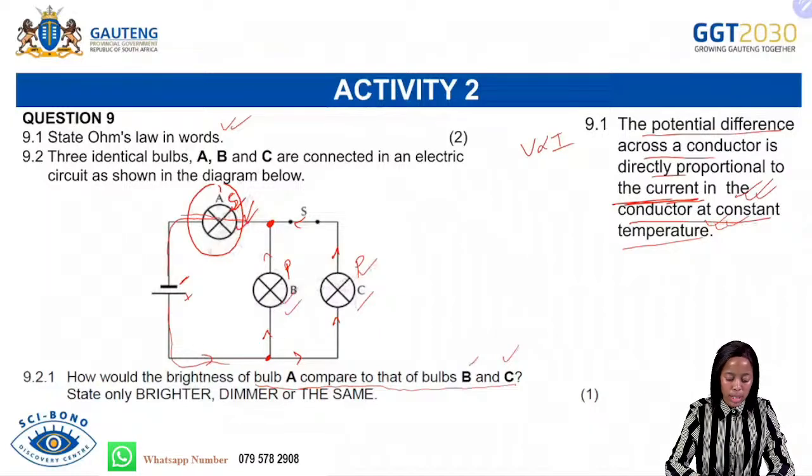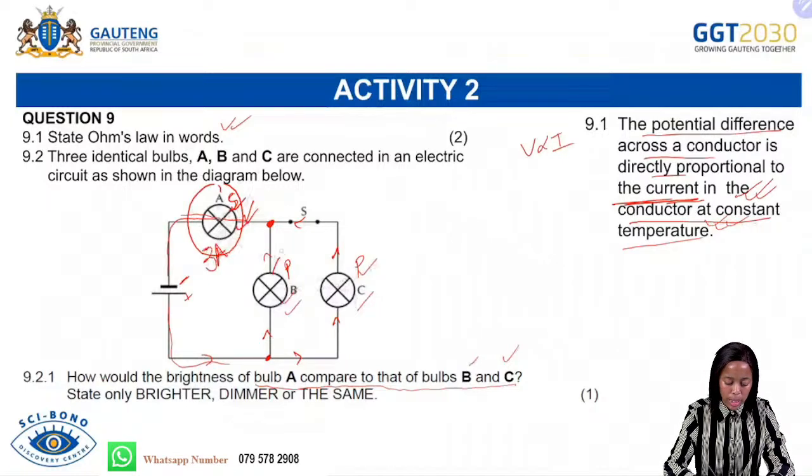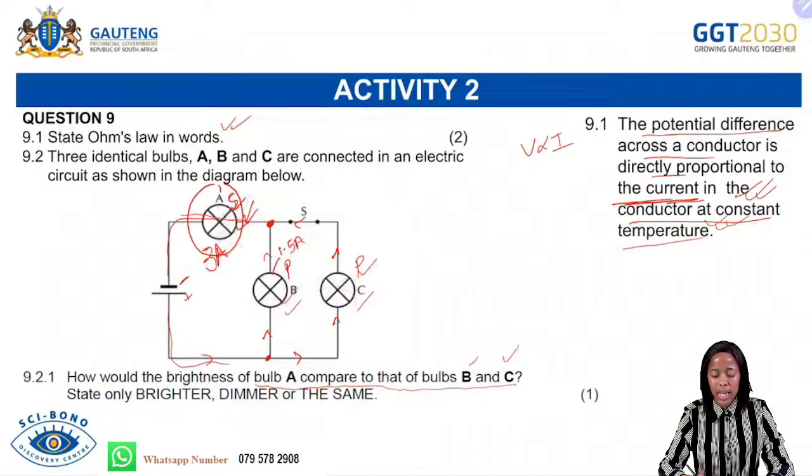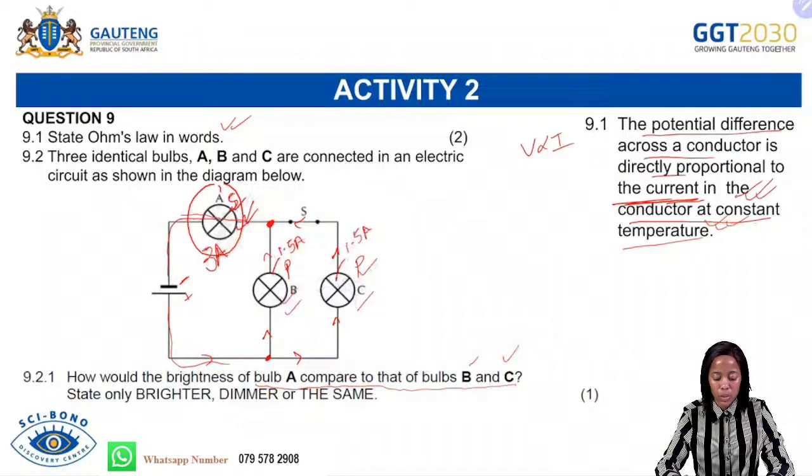So if the total current, for example, for this light bulb is 3 ampere, some of the current will then travel to light bulb B. So let's say, for example, maybe light bulb B gets a current of 1.5 ampere, and light bulb C gets a current of 1.5 ampere as well.